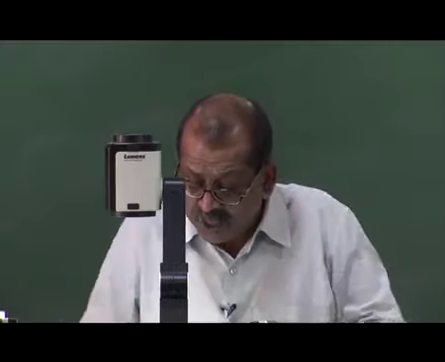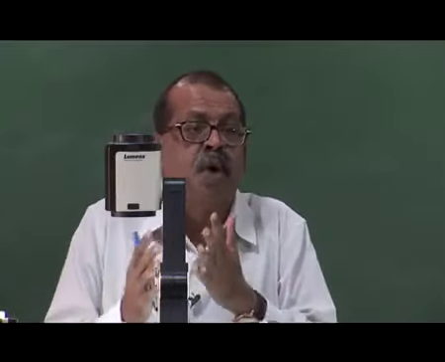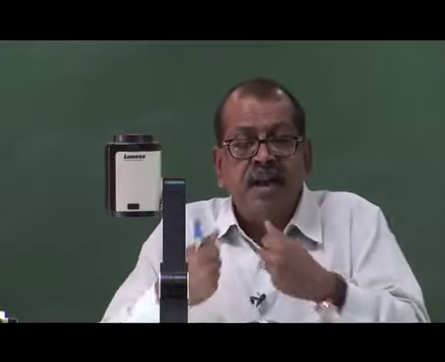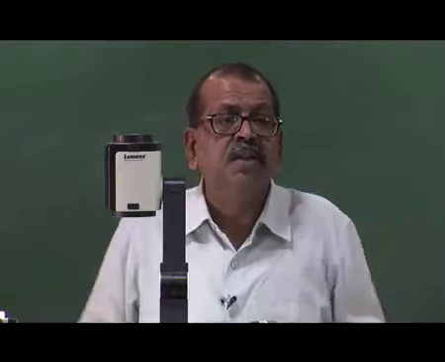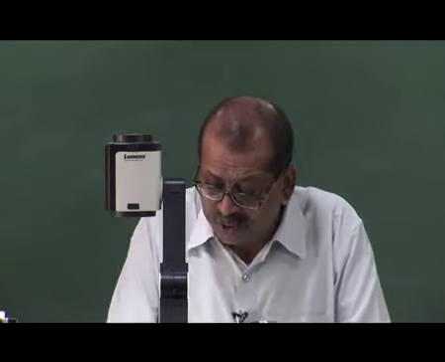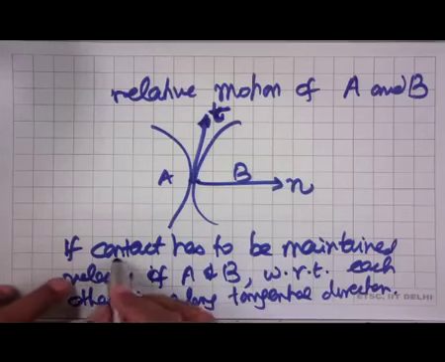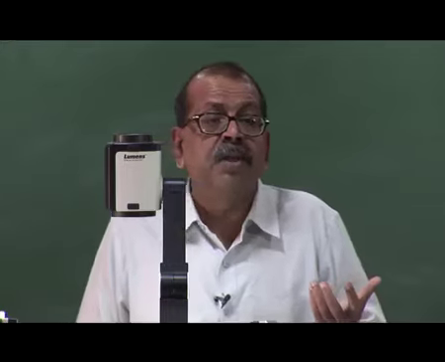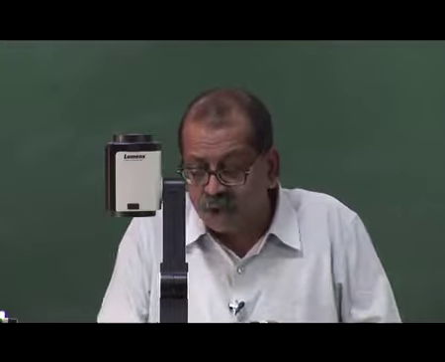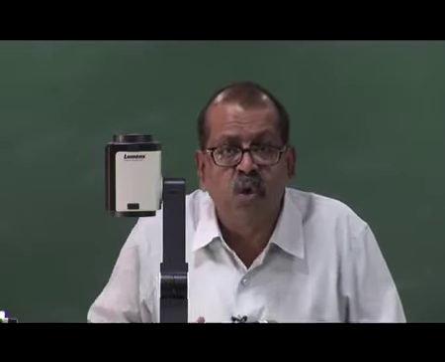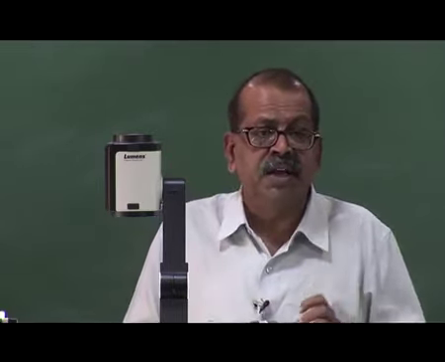In one case there is no longer a point contact and the bodies start deforming, which we are not considering, and in the other case the bodies move away from each other and there is no contact. So the condition that contact is maintained will no longer hold, and there will be no force. Therefore, when the bodies have to be in contact, the relative motion between A and B has to be only along the tangential direction.